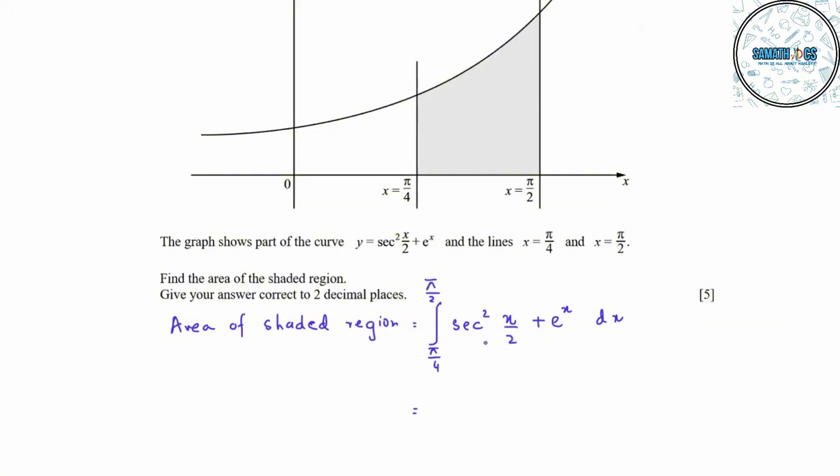Then we will integrate this. We will get tan x upon 2, so we divide this by 1 upon 2, plus, when we integrate e power x, it will be e power x. And the limits are from pi upon 2 till pi upon 4.